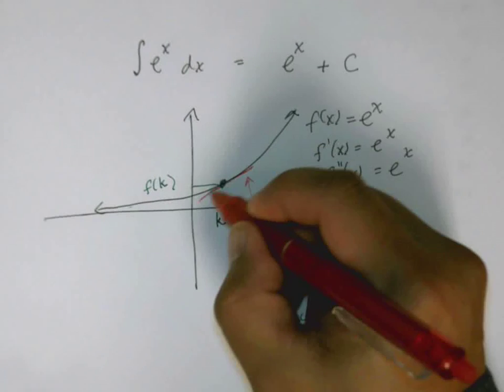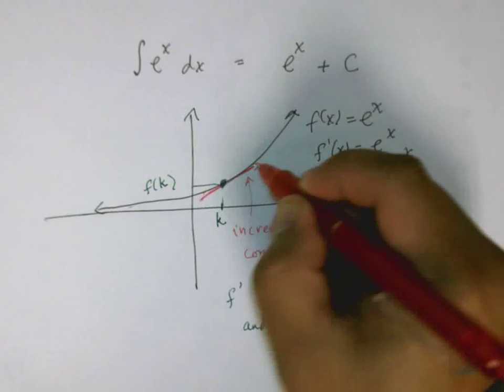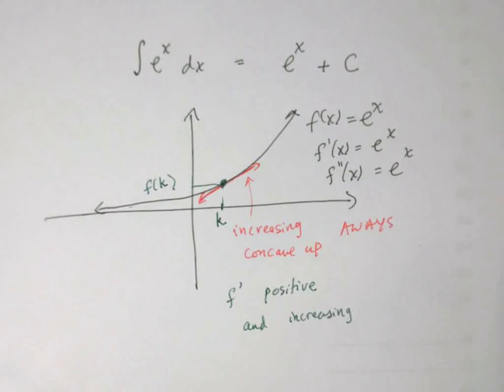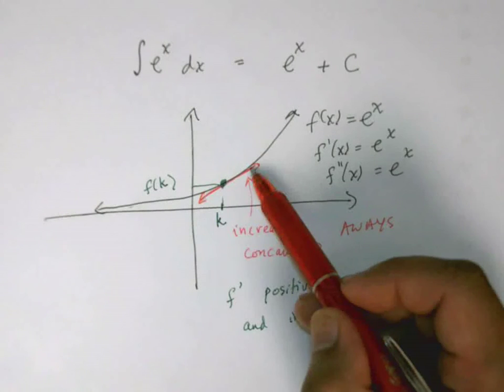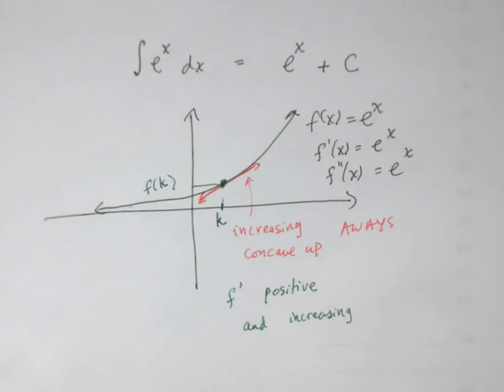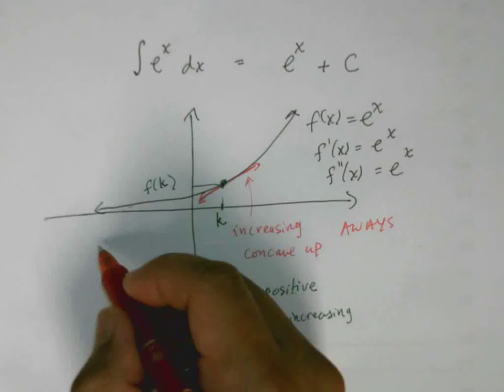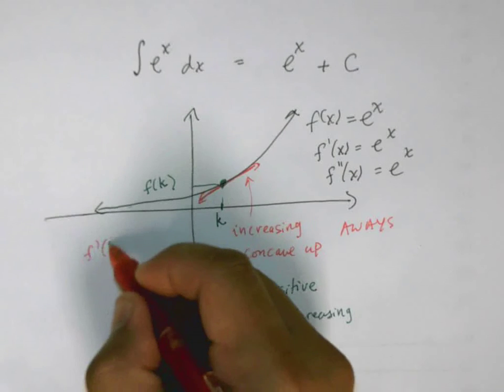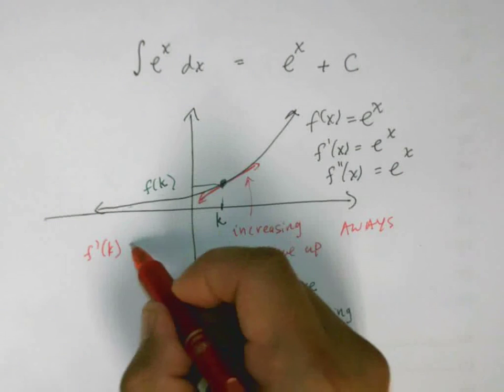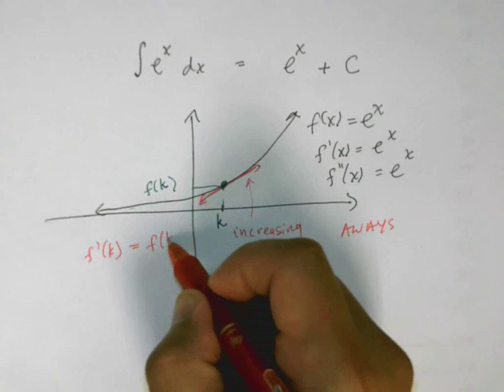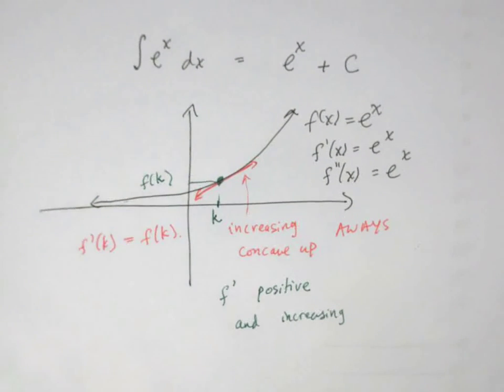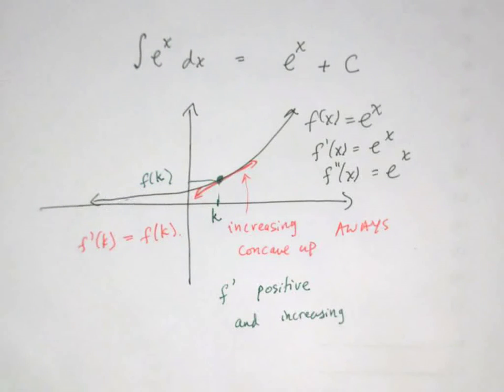From what we know about e to the x, the slope at this point is equal to the y value at that point. So we can say that f prime of k, in other words the slope here, is in fact equal to just f of k for this particular special function e to the x.